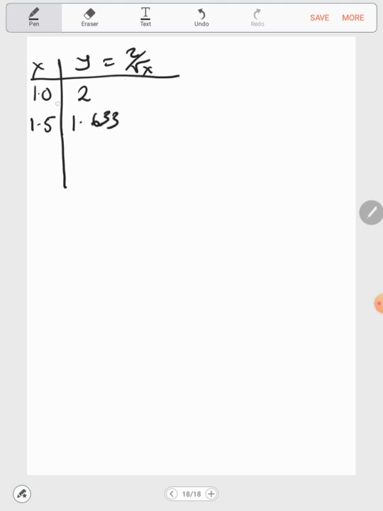Just replace x with the given value. For 2.0, we have 1.414. For 2.5, we have 1.265. And for 3.0, we have 1.155.